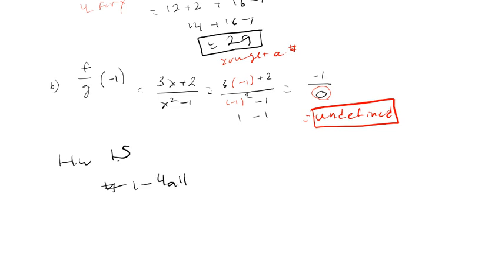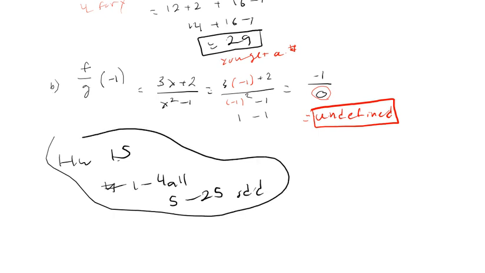That's your homework. 1 to 4 all, 5 to 25 odd. Some other weird situations are going to arise. Try them out. Now you have the work you can check.